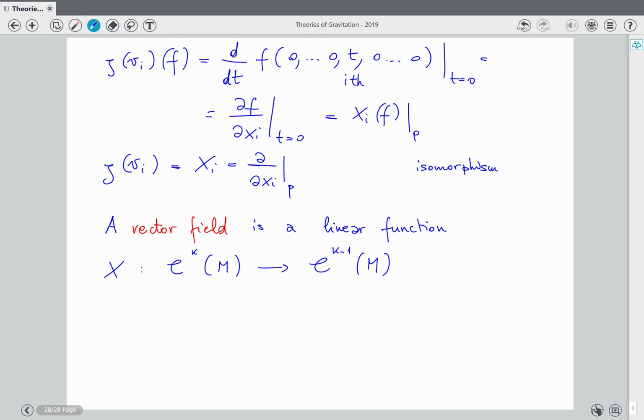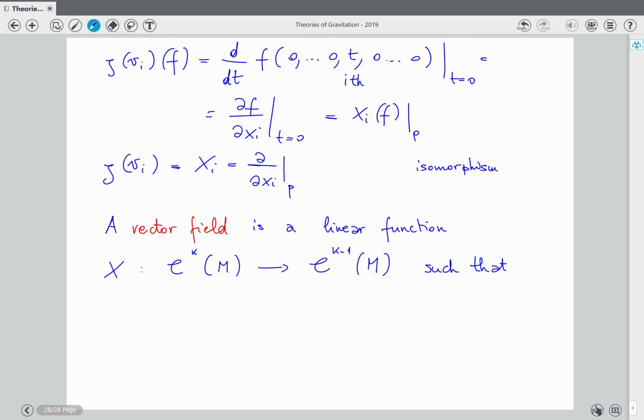So k will be equal to infinity most of the time, so this simply means a linear function that associates a smooth function with another smooth function, such that it's like a derivative, a derivation, because you see that the degree of differentiability is lowered by 1 unit.